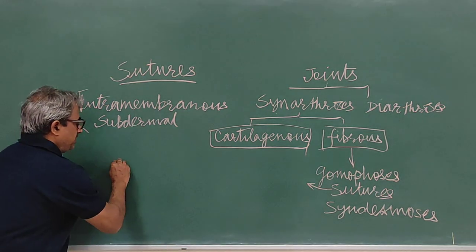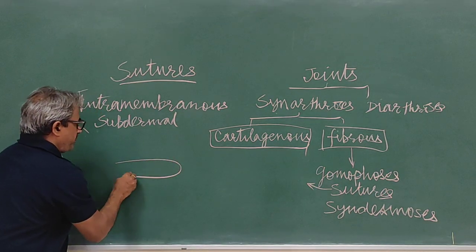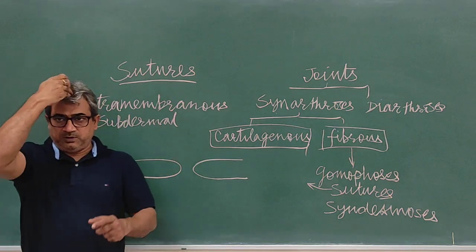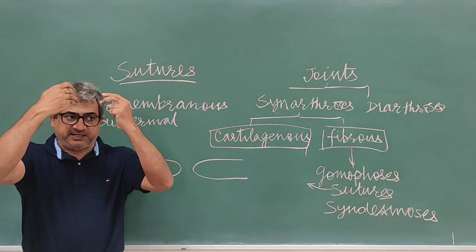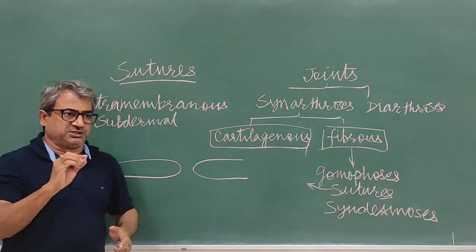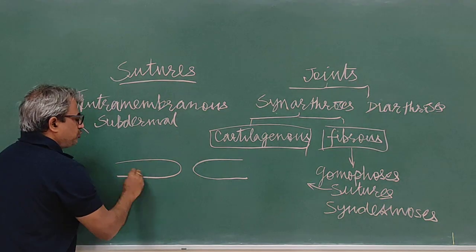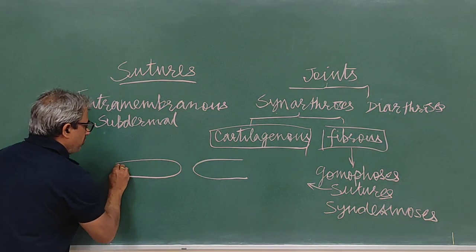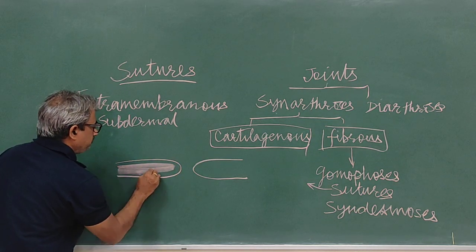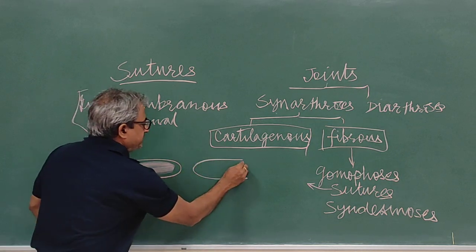So to say, these are two parietal bones at the top, right? Where the sagittal suture is present, two parietal bones. We know together that there is a suture in between them. These are two bones. The bones are present inside.